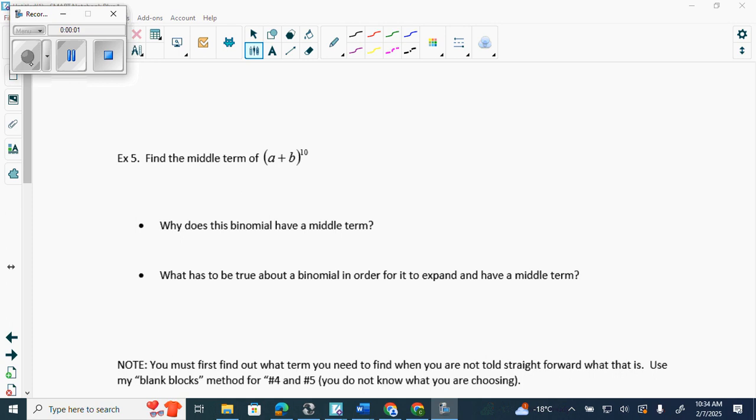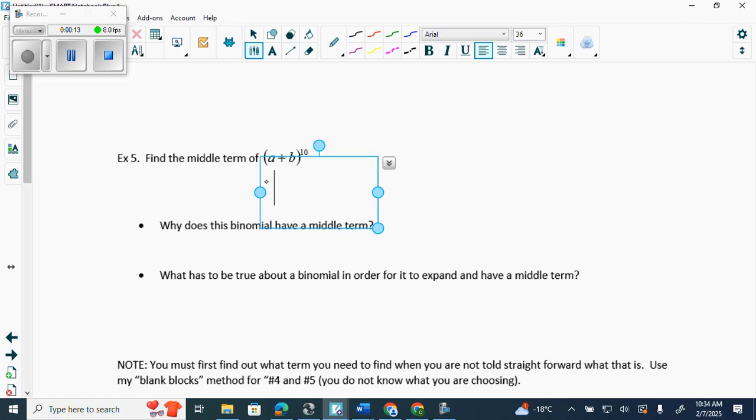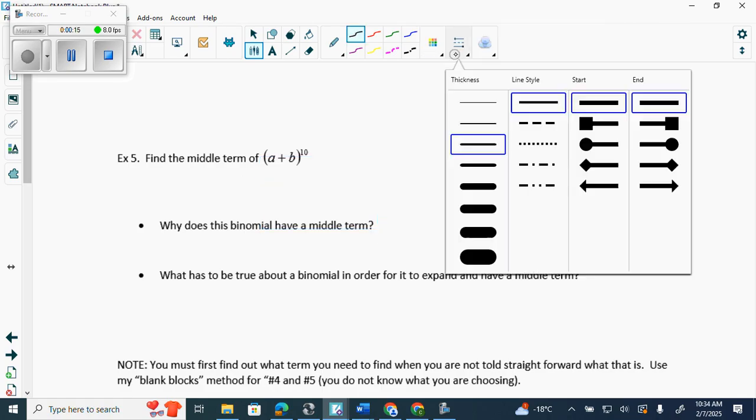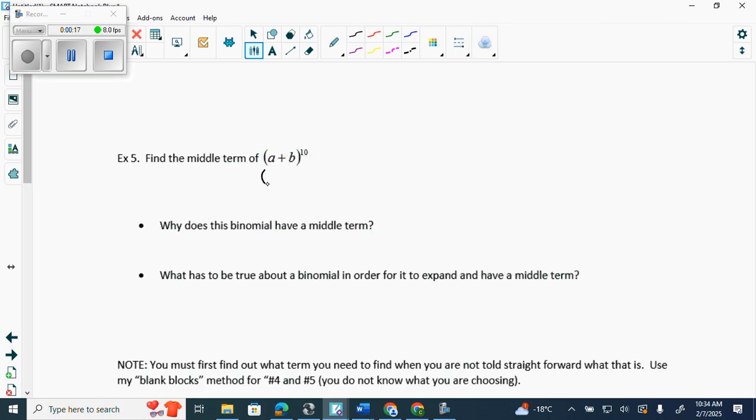So we know that the total number of terms is one more than n. Okay? So remember, this is x plus y to the n, correct?